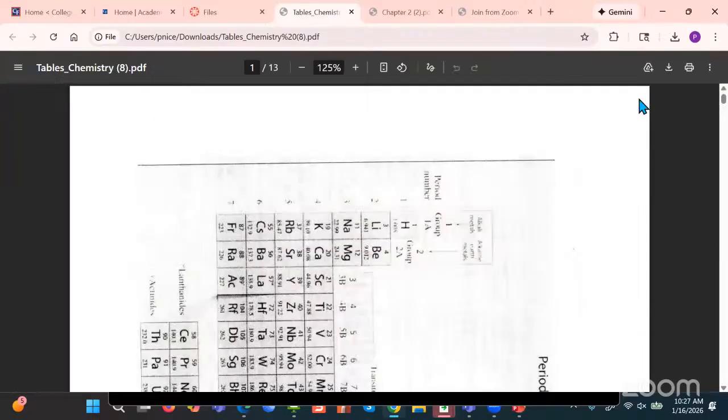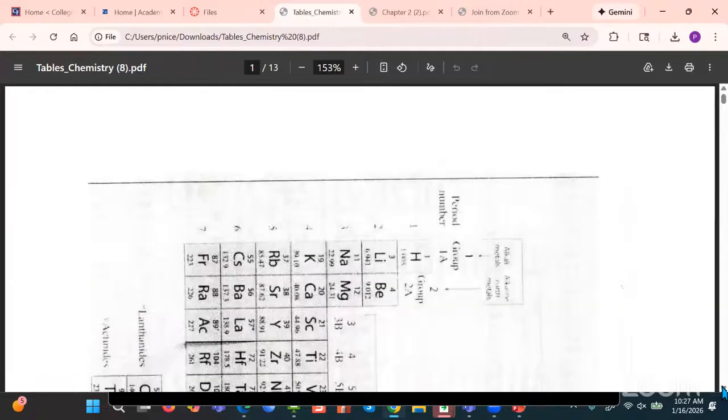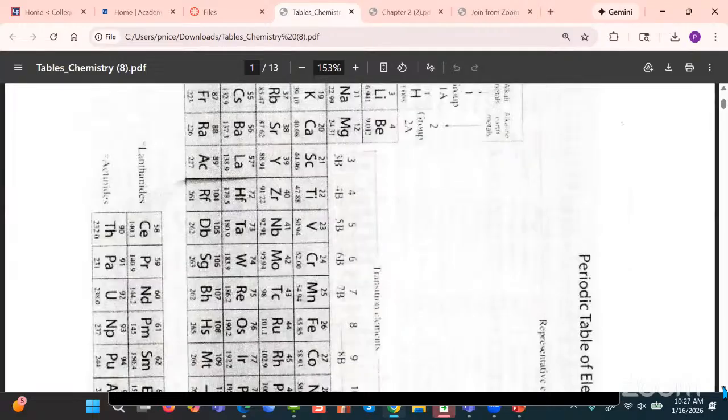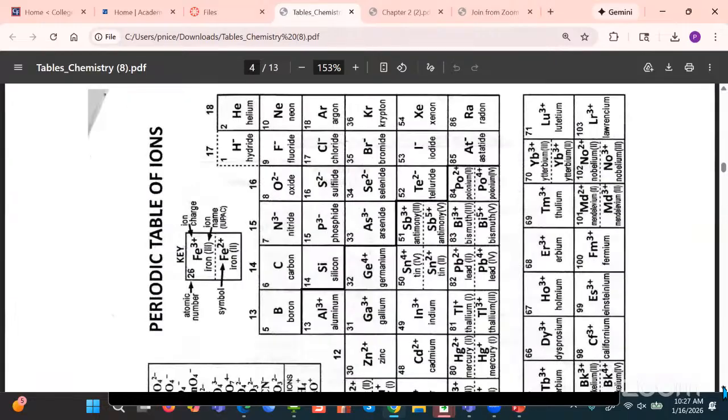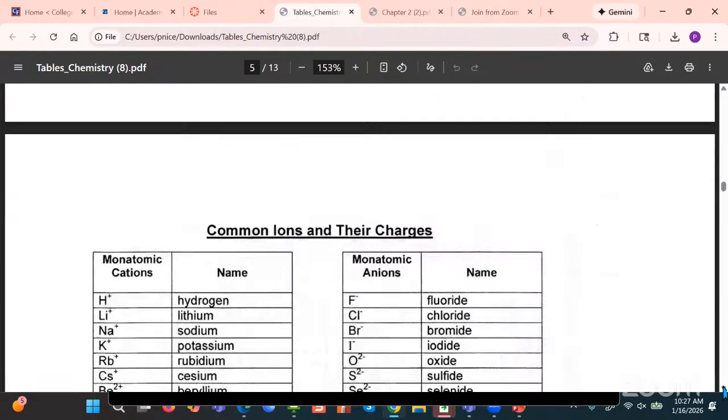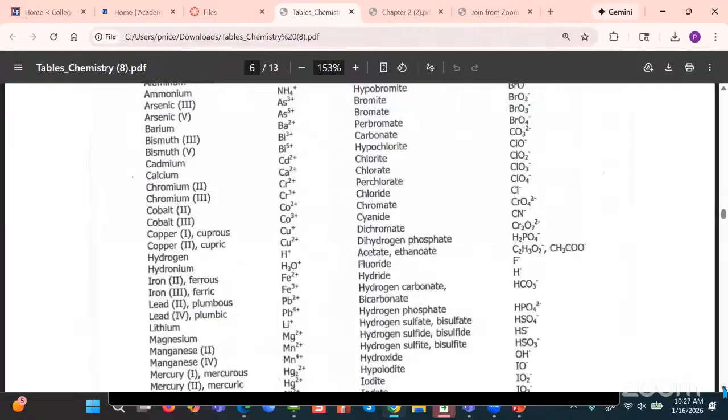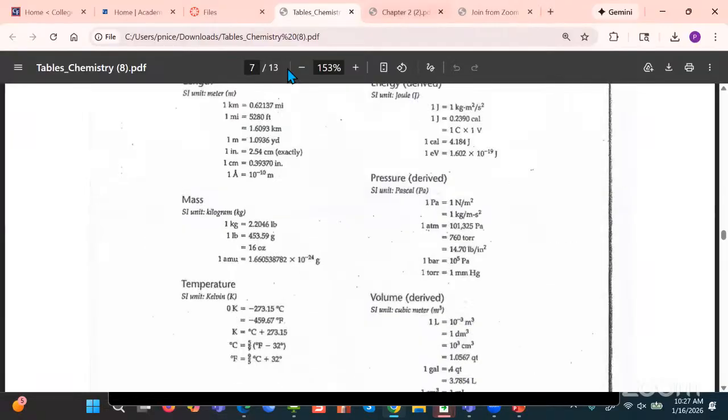All right, so let me scroll down to where the conversion relationships are. Okay, so this is the table here that we're going to use.